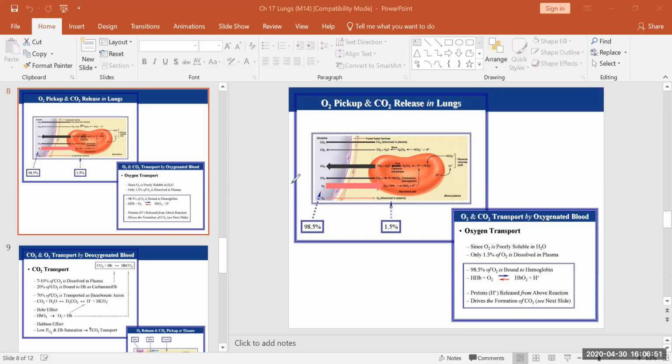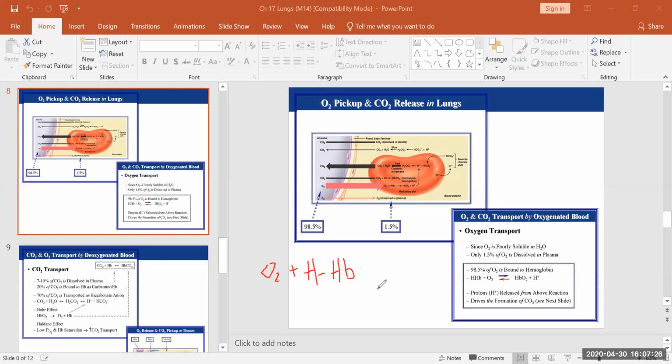So here it comes. Oxygen will move directly from the alveolar space. This is coming from the inhaled air. It gets into the red blood cell. Once it gets into the red blood cell, oxygen interacts with hemoglobin, right? So oxygen interacts with protonated hemoglobin. Okay?